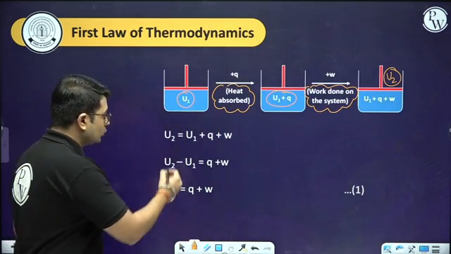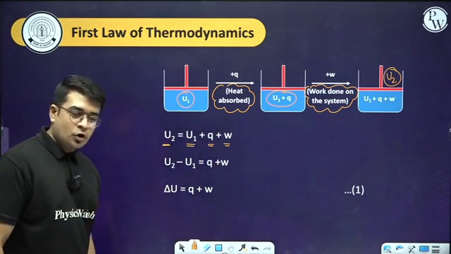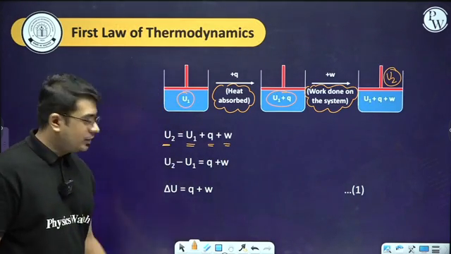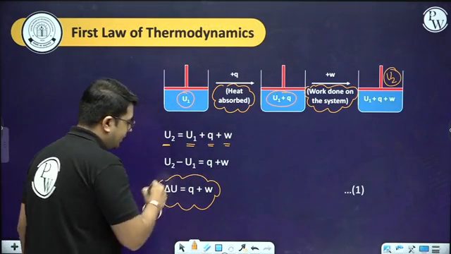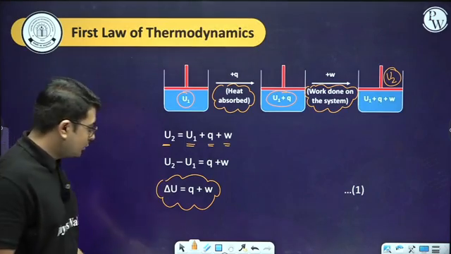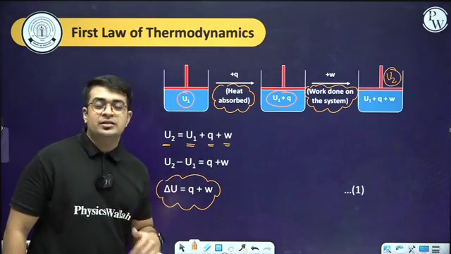So U2 equals U1 plus Q plus W, or U2 minus U1 equals Q plus W, and that's the final equation. The change in internal energy equals the heat absorbed by the system plus the work done on the system.